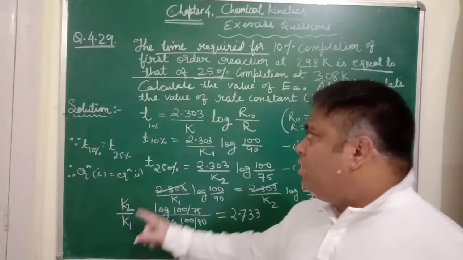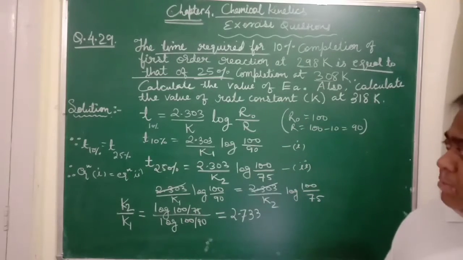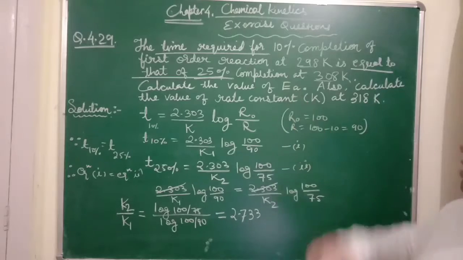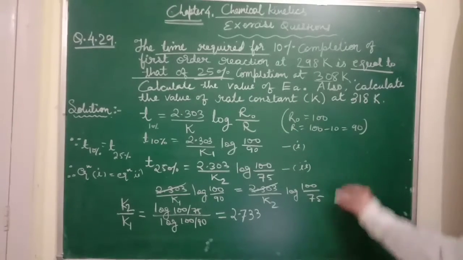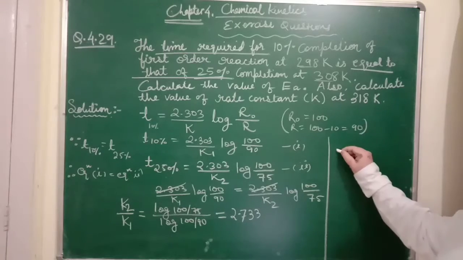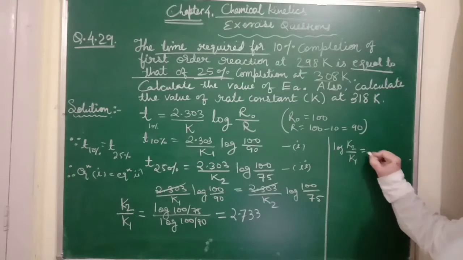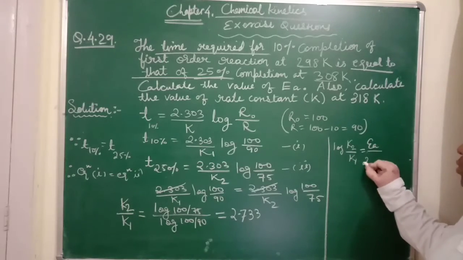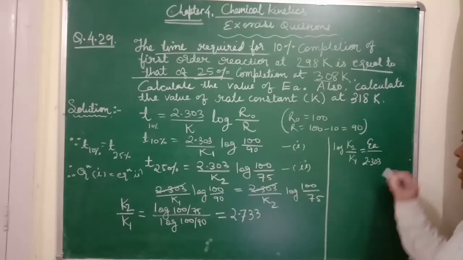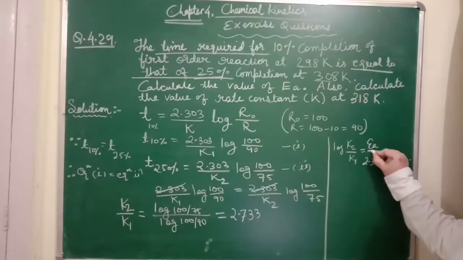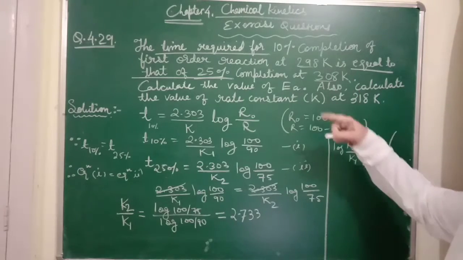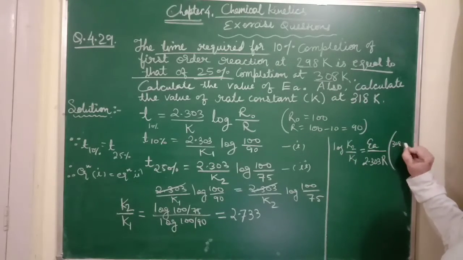Now with this we have the relation of activation energy. I will require some space, so I will erase it. We have to find out the activation energy. Log k2 by k1 is equal to Ea by 2.303 R into (308 minus 298) divided by 308 into 298.